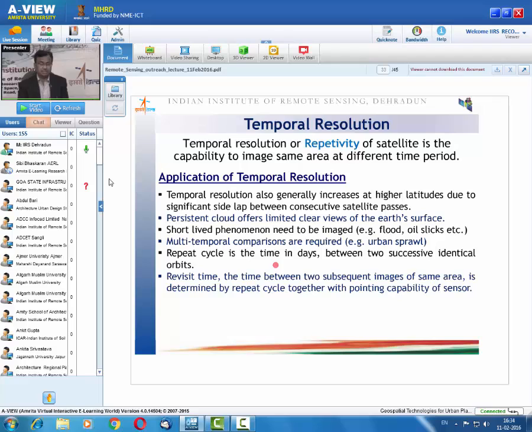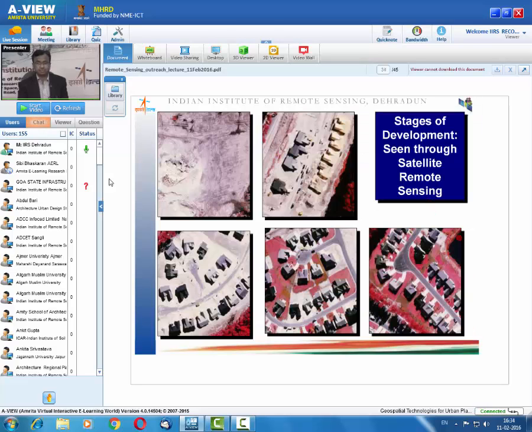Repeat cycle is the time in days between two successive identical orbits, which normally happens. But because of some exigency, the sensor is tilted, and that helps in minimizing the revisit time, which is the time between two subsequent images of the same area, and is a property of the pointing capability of the sensor.